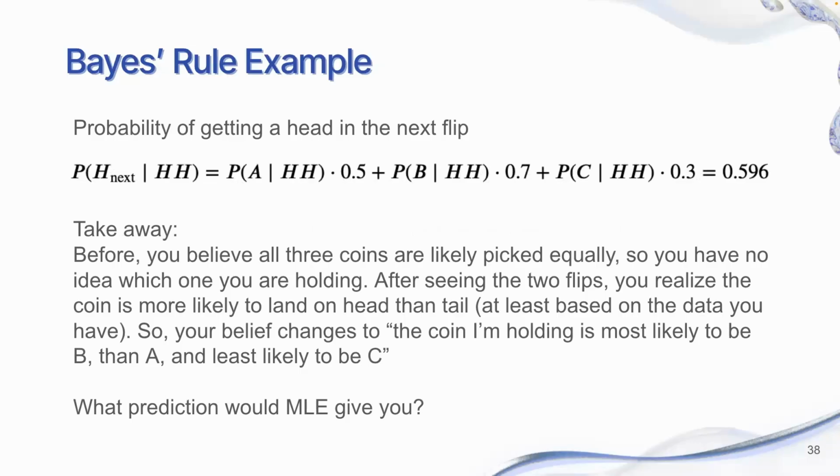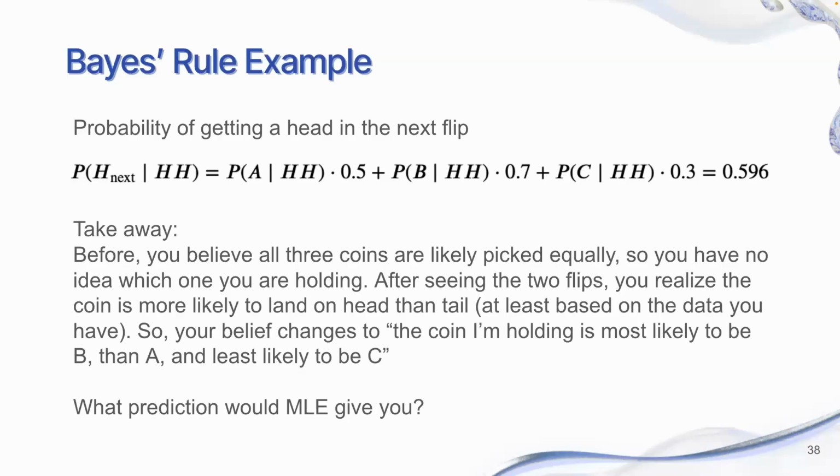So here's the takeaway. Before seeing the data, before seeing 2 head flips in a row, you believe all 3 coins are picked randomly, so they have equal probability of being picked, and you don't know which one you're holding. After seeing 2 flips, you realize the coin is more likely to land on head than tails.